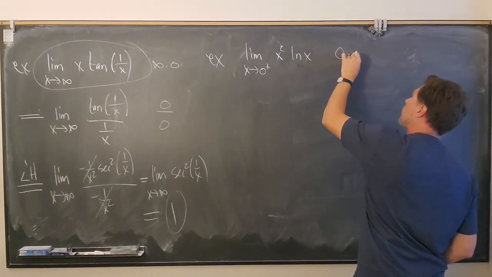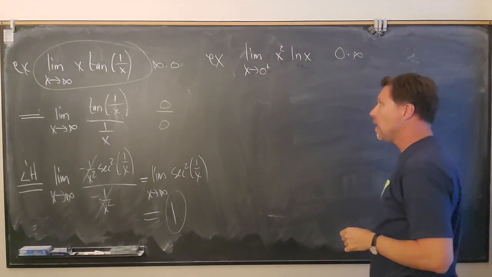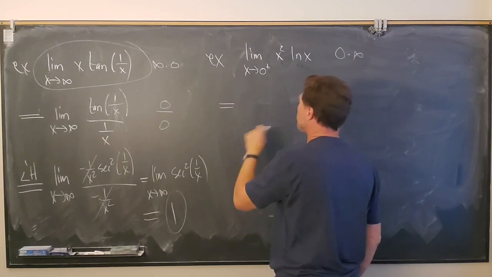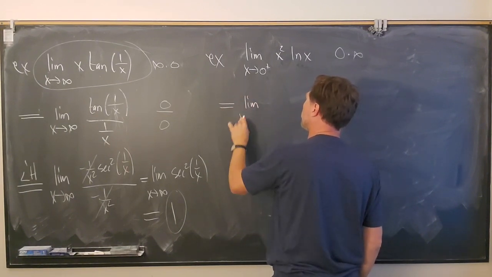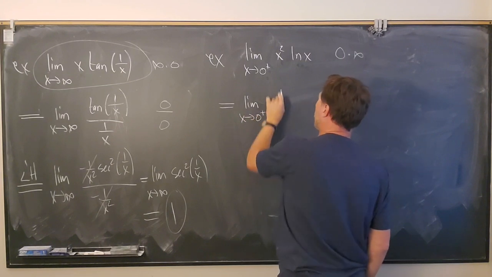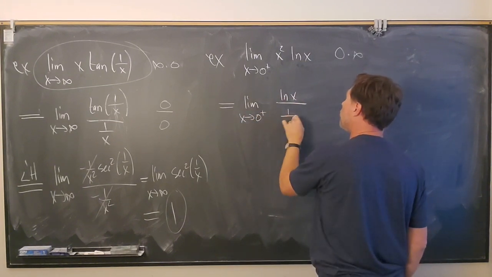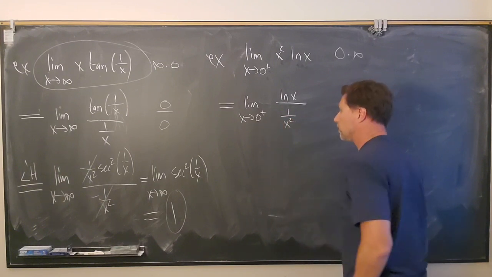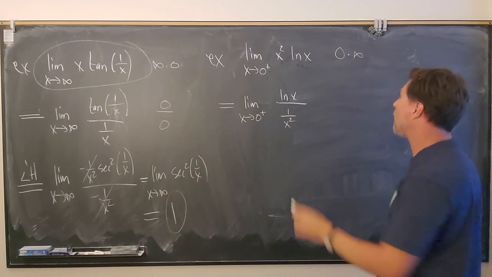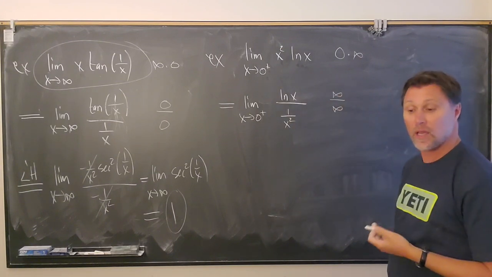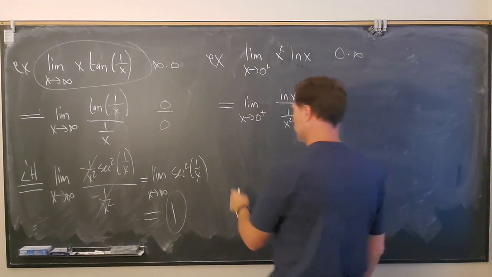So this is a 0 times infinity. I want to divide by the reciprocal of one of those two functions. So I'm going to write this as natural log of x in the top and 1 over x squared in the denominator. That gives us an indeterminate form of infinity over infinity, which means I can now apply L'Hopital's rule.